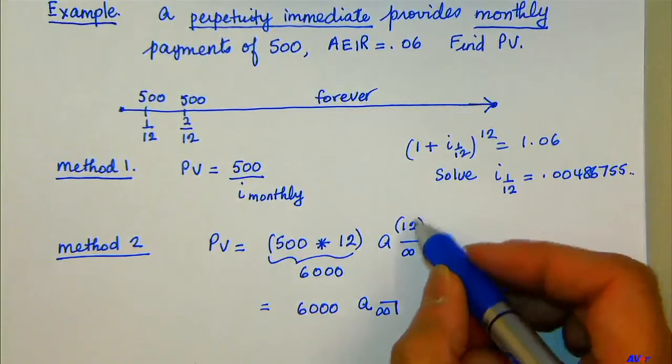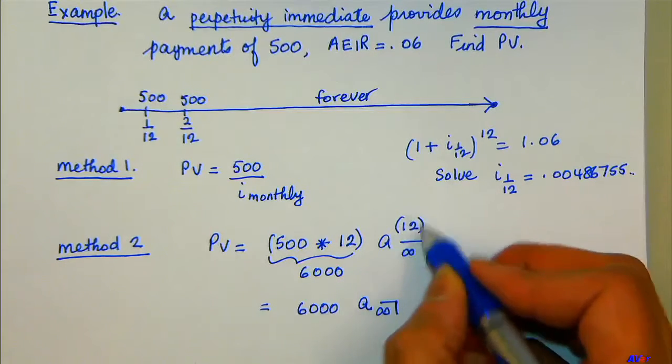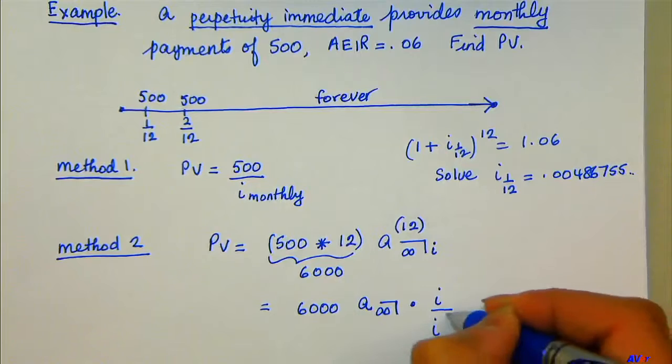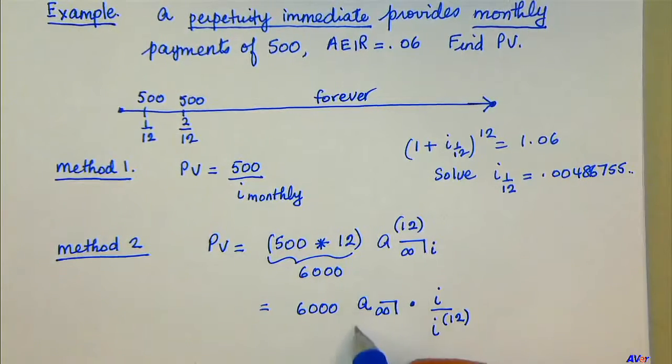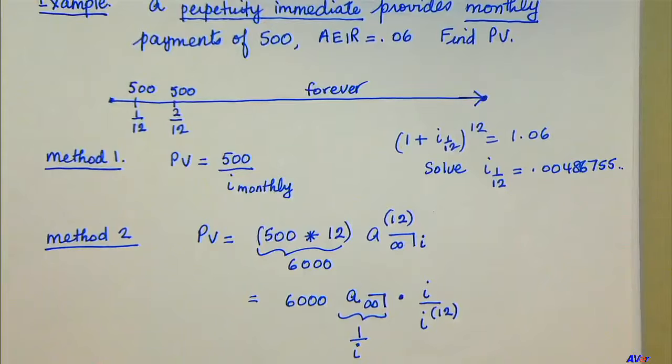And then I'm going to arrange for this monthly payment, so times i over i(12). You can do that. What's A angle infinity? Yeah, this one is 1 over i. So basically it's 6,000 over i(12).